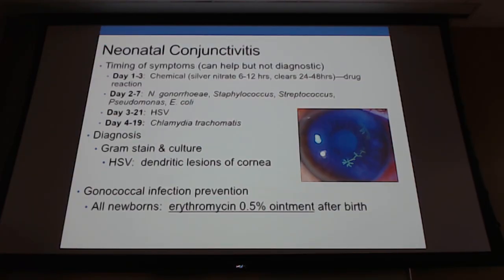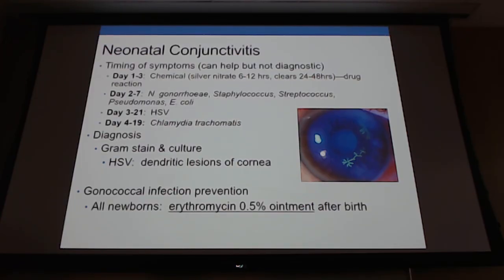You are a neonate, and you're thinking, well, what in the world does this neonate have going on right now? Timing can help somewhat. So in the first little bit, you have to rule out if someone used silver nitrate on this baby, because that's going to be, obviously, the chemical reason in those early times. Then you have to decipher, and the timing can somewhat help.